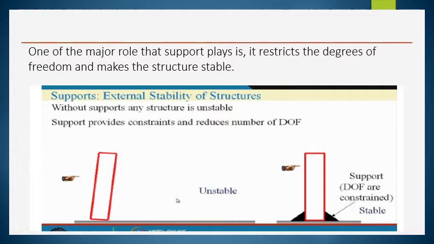We can say that it is stable as the degrees of freedom are restricted. So support offers restriction of motion. Without support, any structure is liable to be unstable or to fall down, or to have some kind of motion, but support provides constraints.